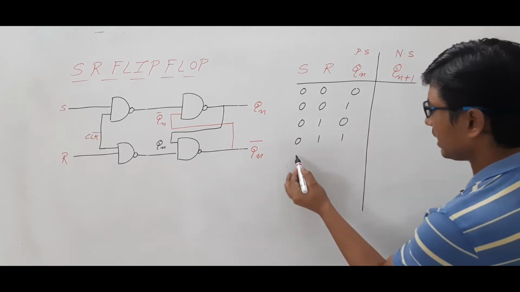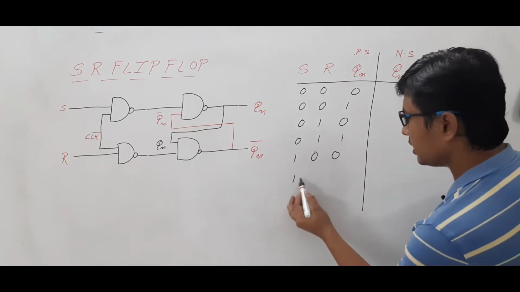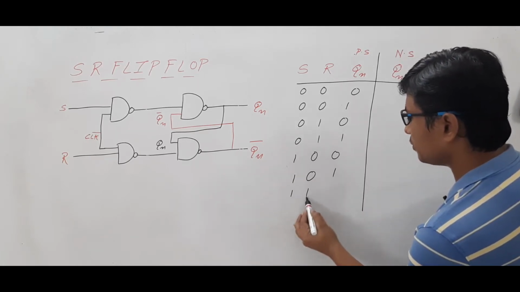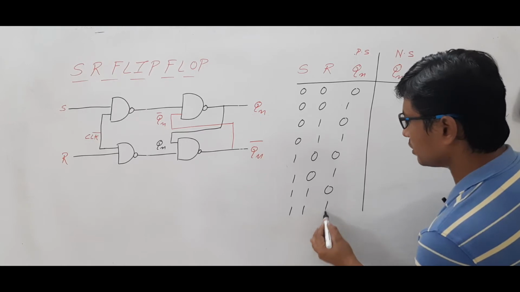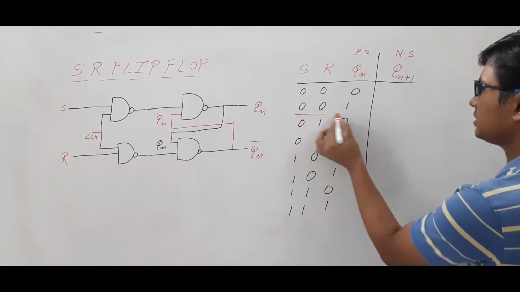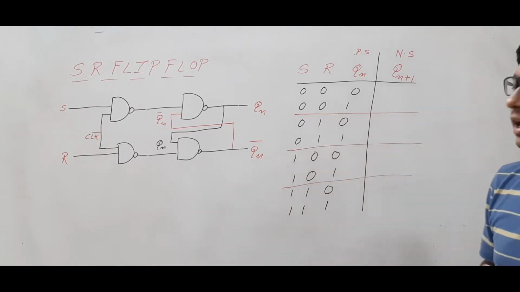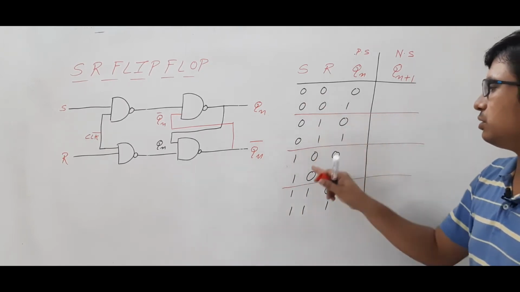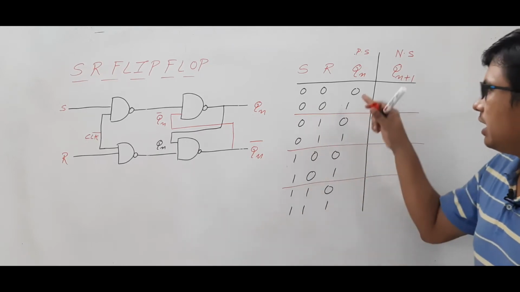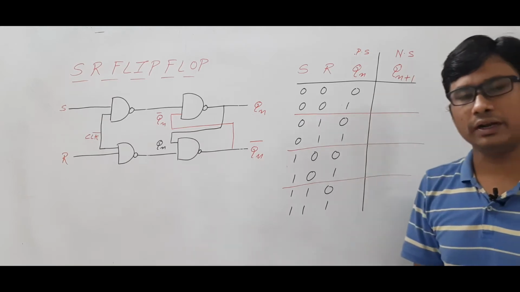Similarly, I will have another 4 combinations as 1, 0, 0; 1, 0, 1; 1, 1, 0 and 1, 1, 1. Am I right or wrong? So, totally we got the 8 combinations where S and R is 00, 01, 10, 11, and in each case Qn is either 0 or 1.